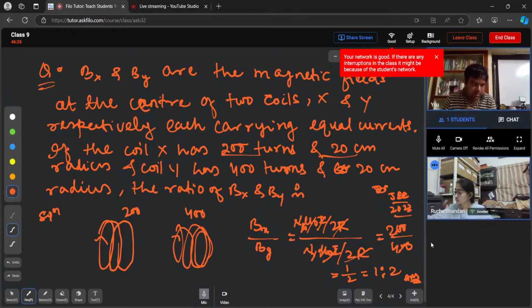With the number of turns, B equals mu naught N I by 2r, it is written. We will draw this analogy later.